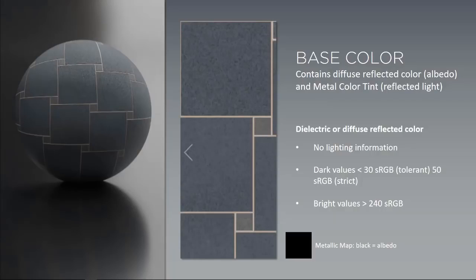If the shader looks at the metallic map and sees some white areas, wherever this white area is, it's going to represent a metal. So it goes to the base color map, and wherever those white areas from the metallic map overlap in the base color, that's going to become the metal color tint value.